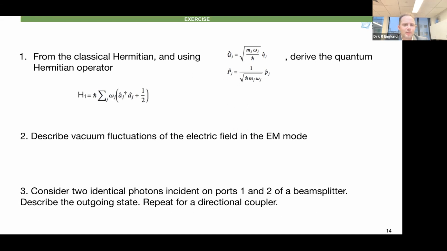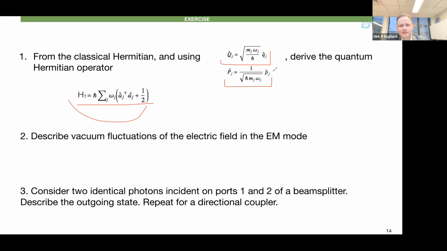Okay, so question 1, for example, could be: from the classical Hermitian operator that describes the Hamiltonian, namely the energy of the system here, and using these normalization expressions for the momentum and position operators, derive this operator that I put earlier in the notes.